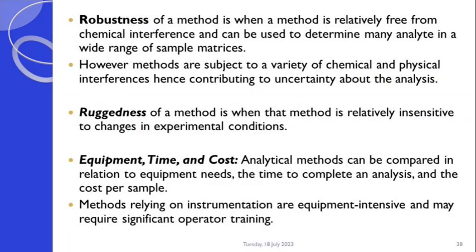Now let us look at the meaning of the two R's, robustness and ruggedness. Robustness is the ability for a method to resist interference in such a way that it can be used to determine many samples of interest or many analytes in a range of samples.